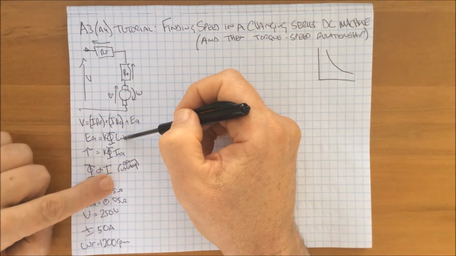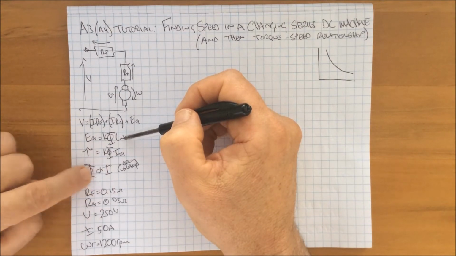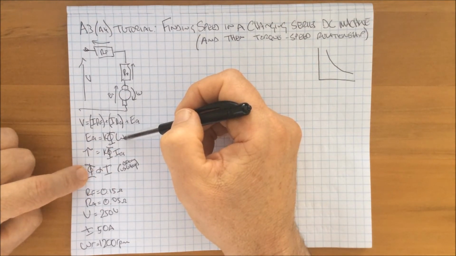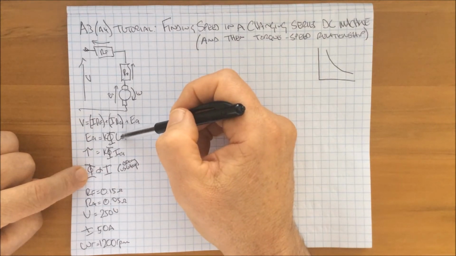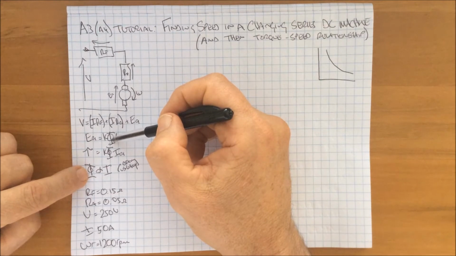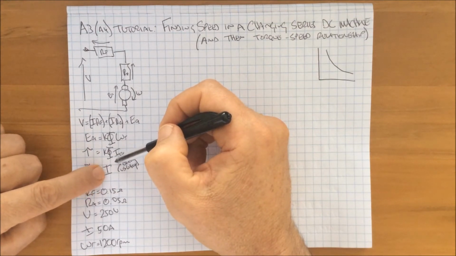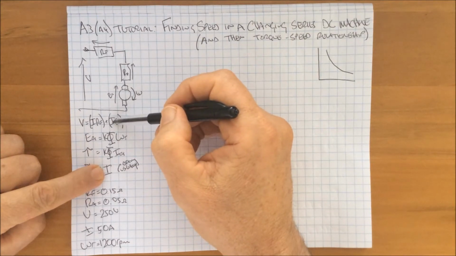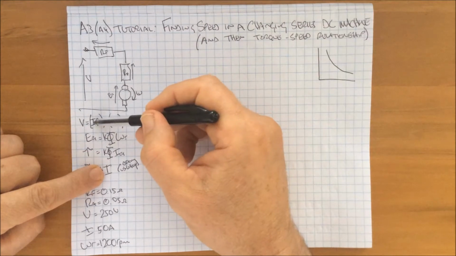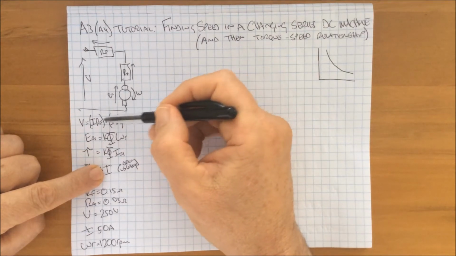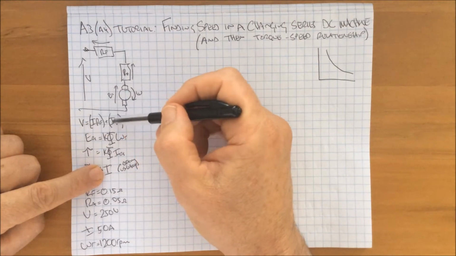As I said, current is proportional to flux. So if current goes up, if this doubles, this doubles. If this doubles, what happens to the speed? Now, if the current increases, we can see that we're going to get an increase here and here. So these two terms are going to change. The resistance is not going to change. The input voltage is not going to change.